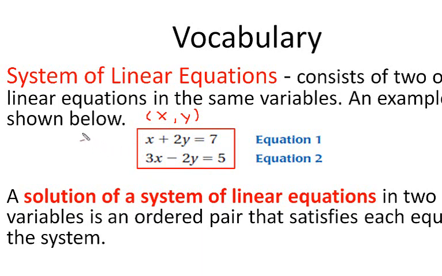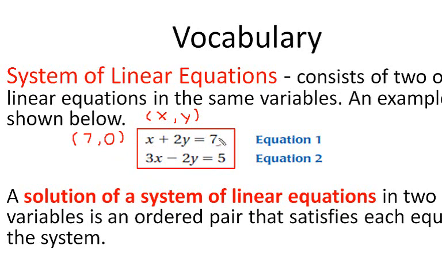So an example, just really quick. If I had 7 for x and 0 for y, this would be 7 plus 2 times 0 would give me 7. So this would hold true for the first equation.